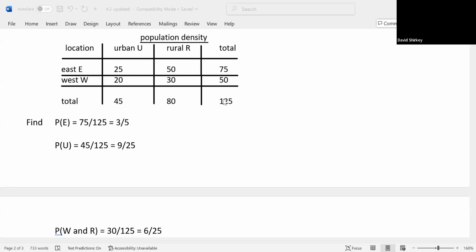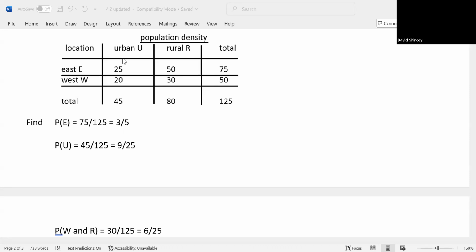So you're going to be asked to find probabilities based on tables like this. So the probability of East is the total of the East divided by the grand total of 125. 75 divided by 125 equals 3/5.